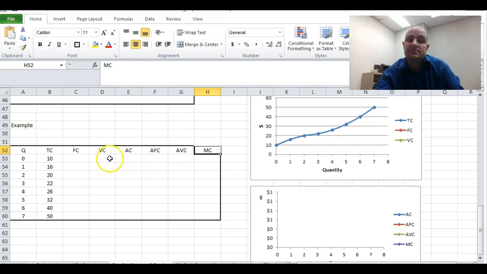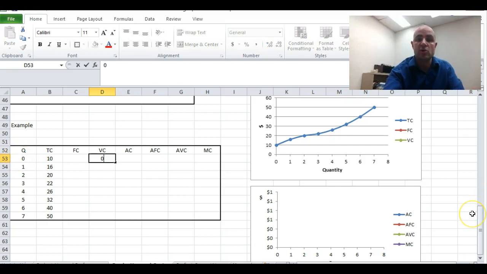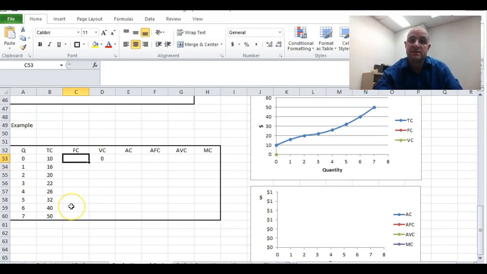If you remember, your variable cost depends on how much you produce. So if you produce no output, your variable cost is going to be zero. Your fixed cost then is equal to your total cost when you produce nothing.